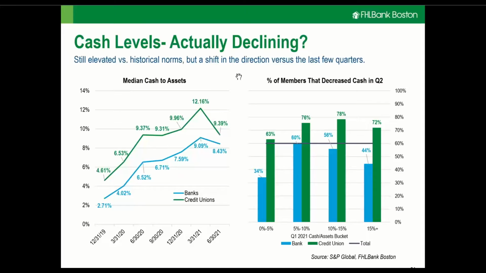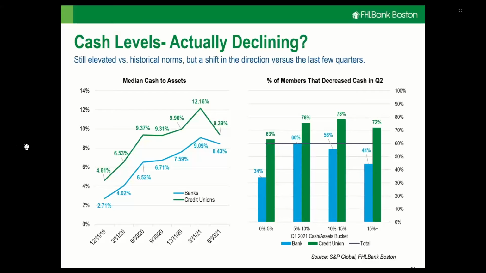So you can see the median credit union went from a little over 12% down to just in the 9% range, with banks in blue experiencing a slimmer decline, but a move down nonetheless. Directionally it's going towards normalization, but still a ways to go to get back to pre-pandemic levels.